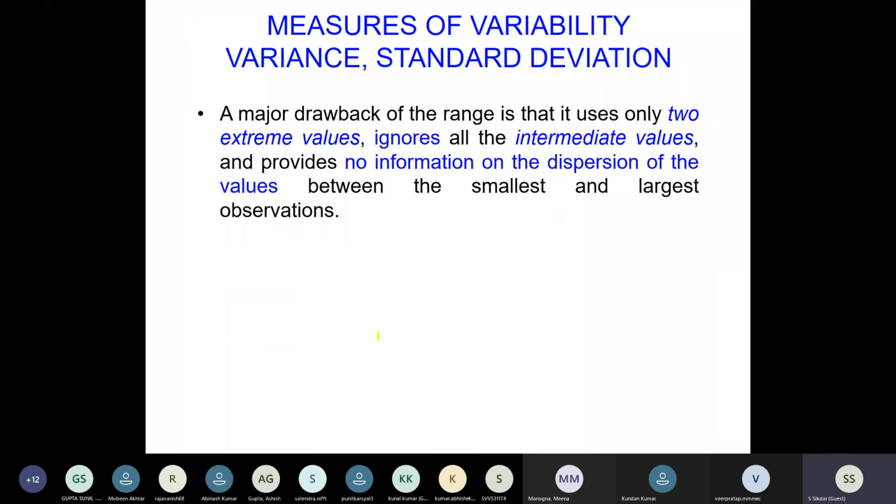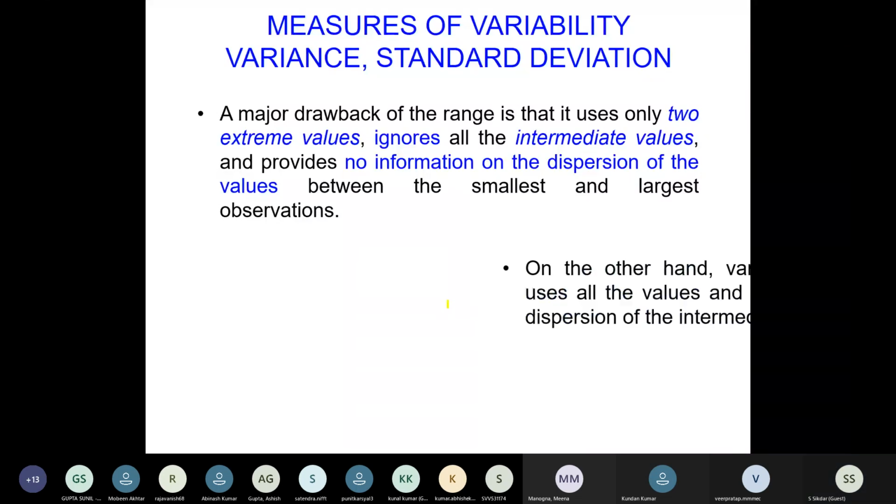As we said the other day, during this recapitulation, the range always talks about the two extreme values, either the smallest and the largest value. Even if it talks about intermediate values, there is no information on how they are distributed.